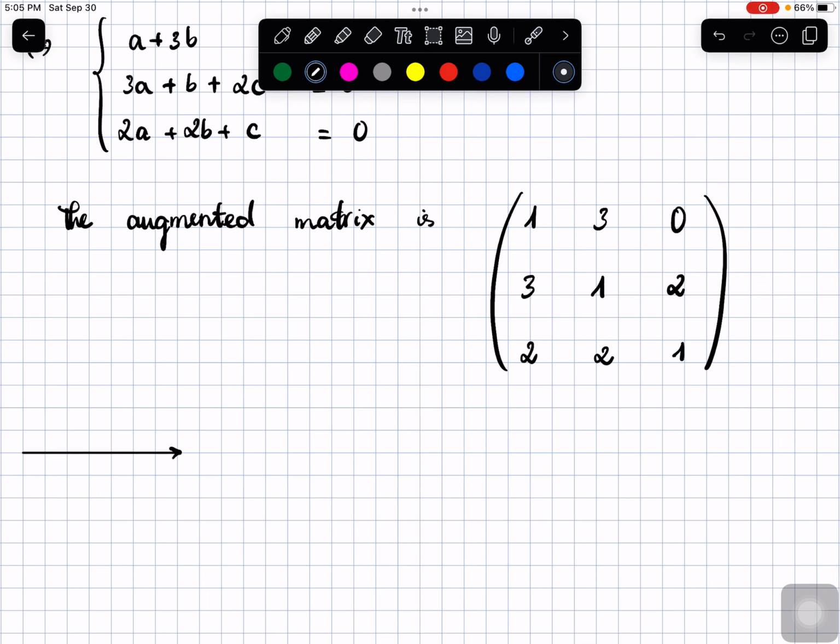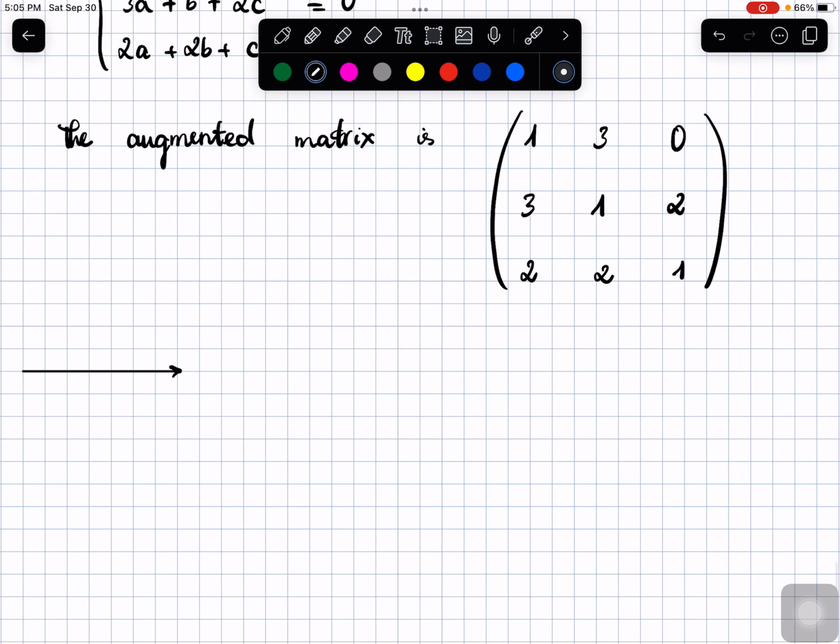The first step would be row 2 minus 3 times row 1 in row 2, and we also have row 3 minus 2 times row 1 in row 3.